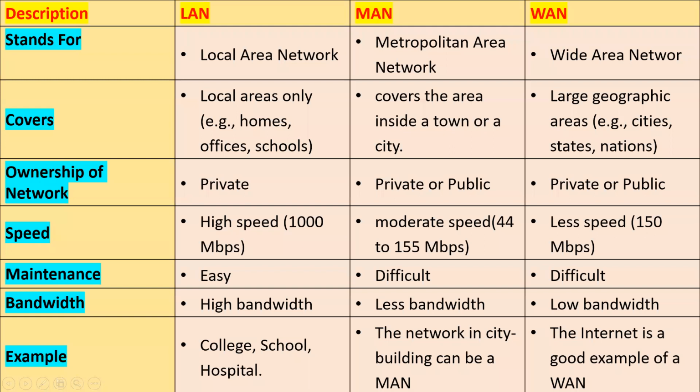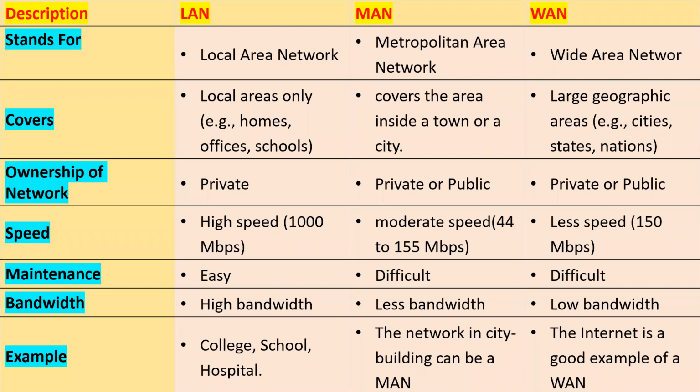Here also look at the comparison. Here it compares some features. The first column gives the comparison features. Then you can find the type of network. Here only 3 types of network are considered: LAN, MAN, and WAN.